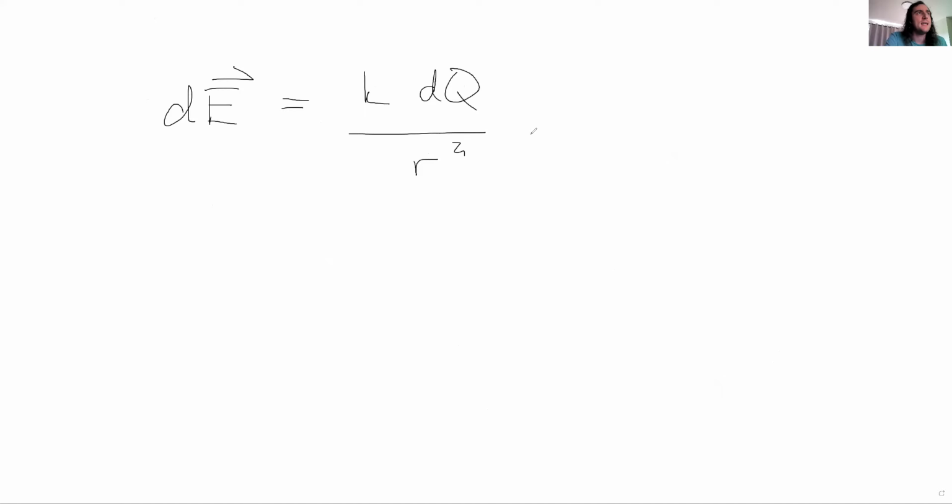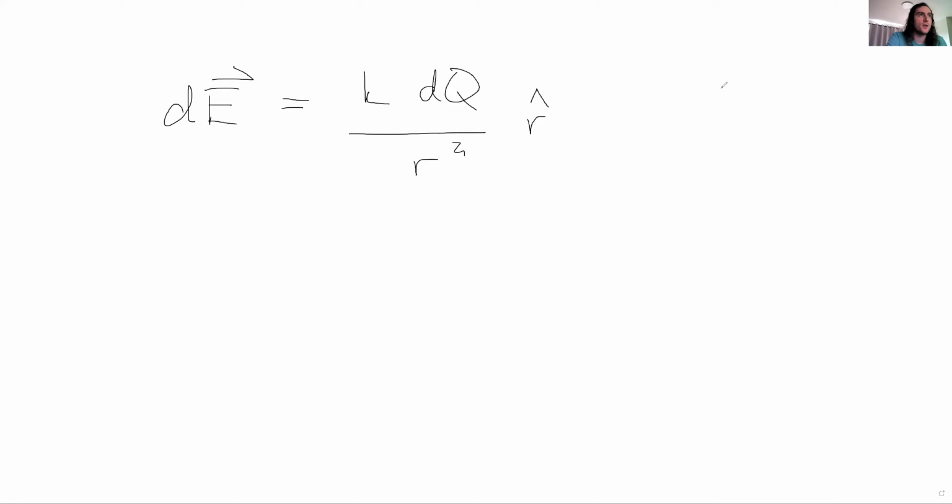We'll use R hat here for now. We have a small contribution to the electric field at some point P, dE, and the amount of charge contributing to that electric field at point P is dQ.